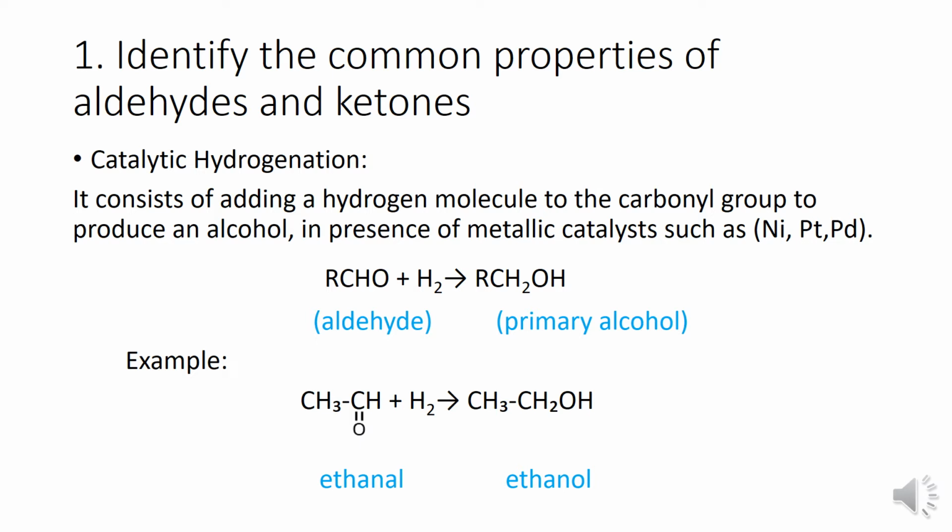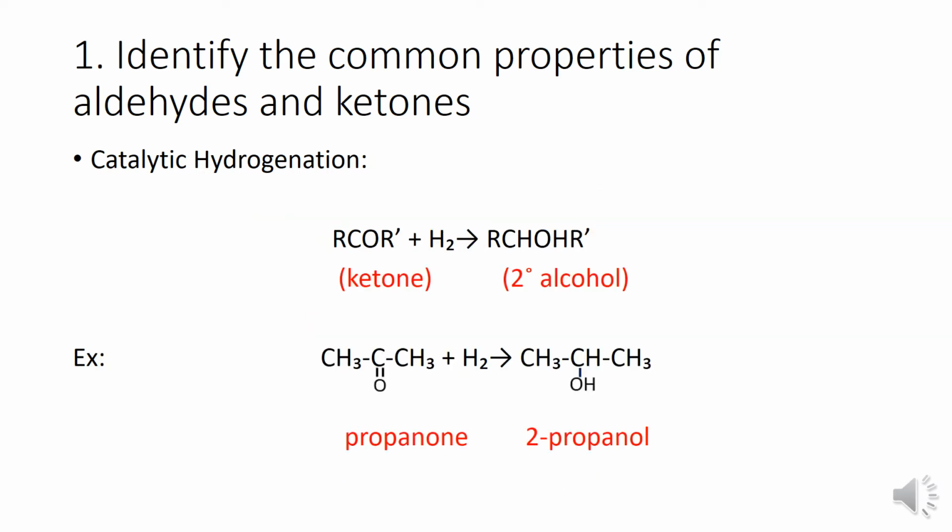Let's take the ketone. Catalytic hydrogenation of ketone. The condensed general molecular formula of ketone is RCOR'. Add to it a hydrogen molecule. What do we get? We get secondary alcohol. Example here, we'll start with propanone, which consists of 3 carbon atoms.